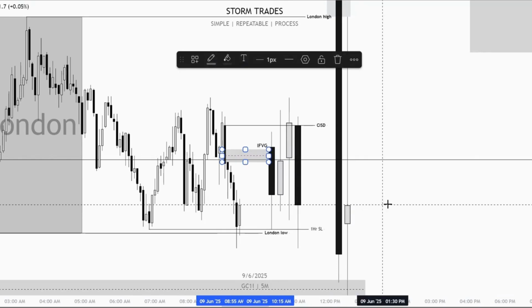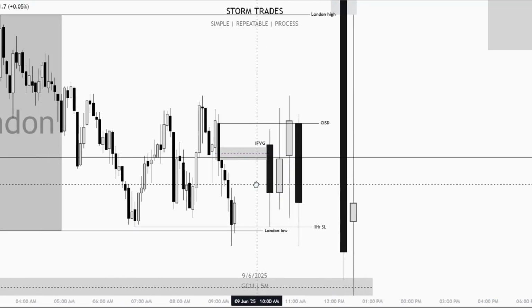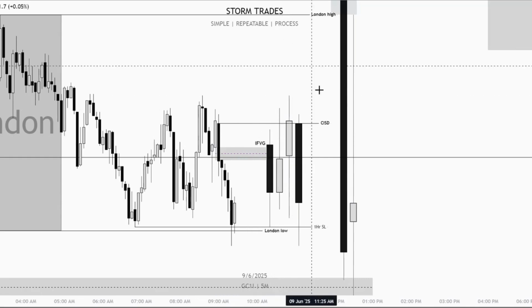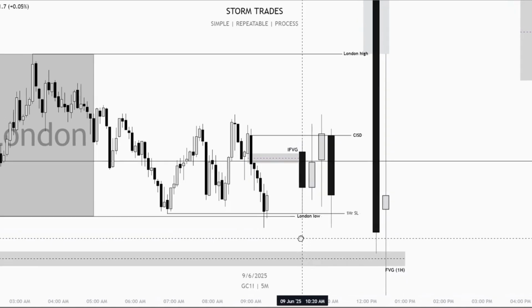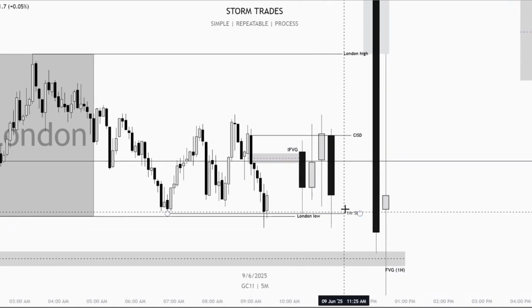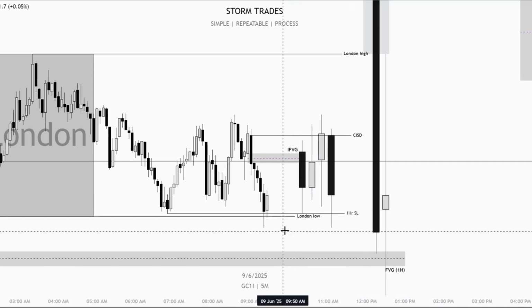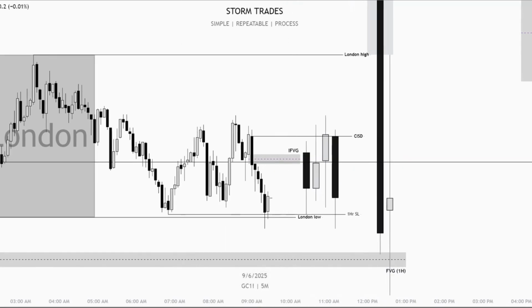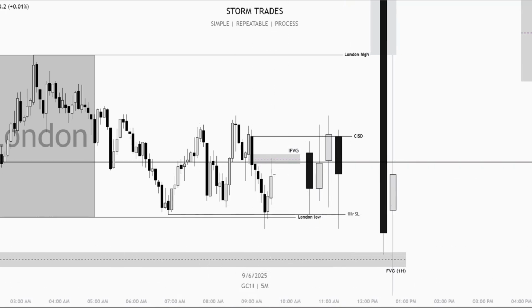So this is an M5 fair value gap, a bearish fair value gap. But if we were to close above this, that would be an indication that we are in fact moving higher. That's what I was looking for on this particular day after sweeping the London low and the hourly swing low. I wanted to see some sort of a close above the M5 fair value gap.